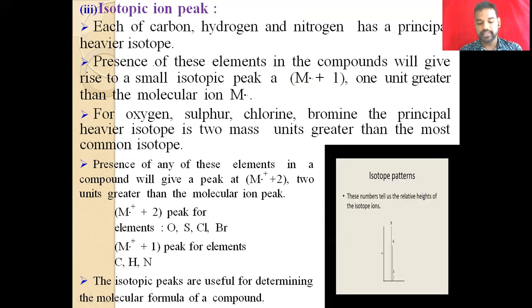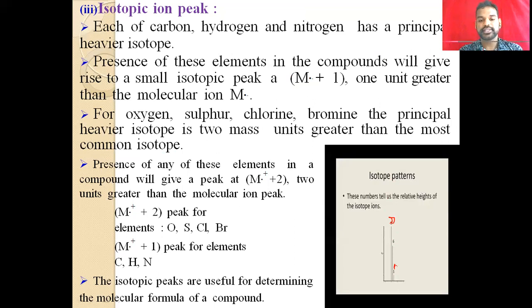So we can expect a peak next to them. Here you can see this is one abundance, and this is another one. The first difference is plus one, which is next to the parent peak, and another one is the plus two ion. So here are the plus two and plus one isotopic peaks.